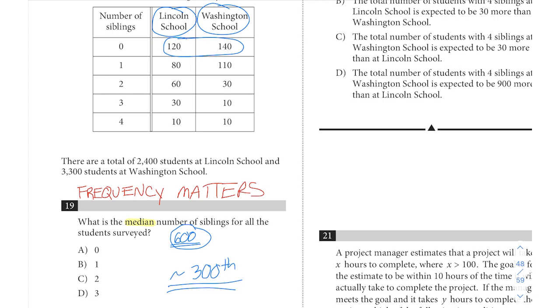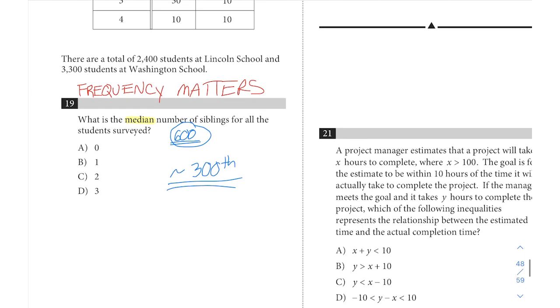Now, instead of writing out each one individually, let's just use the information provided here in the table. And we're going to shortcut this a little bit. If there are a total of 260 students that had 0 siblings, then that means if we were to write out each one individually, we would write 0, 0, 0, 0, 0. We would write it 260 times.